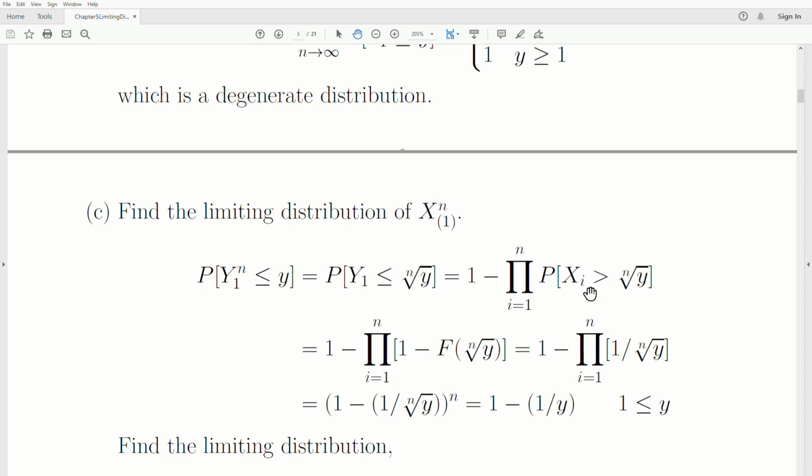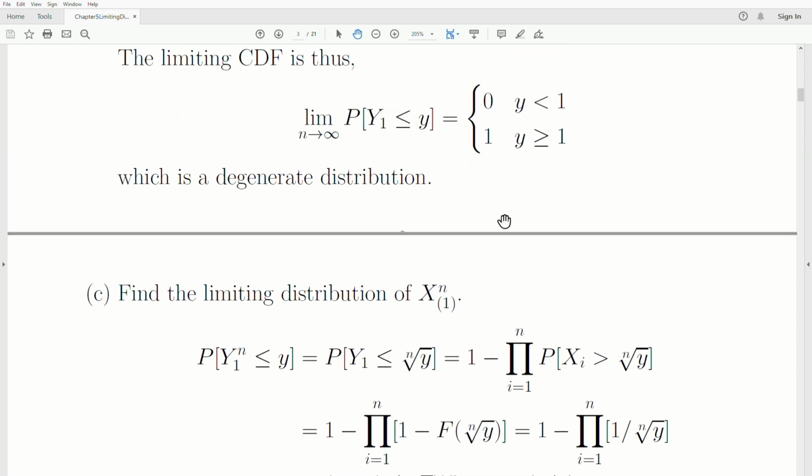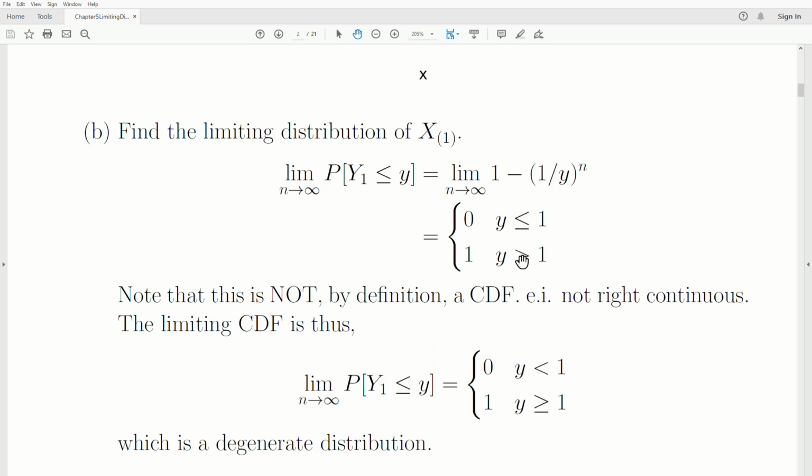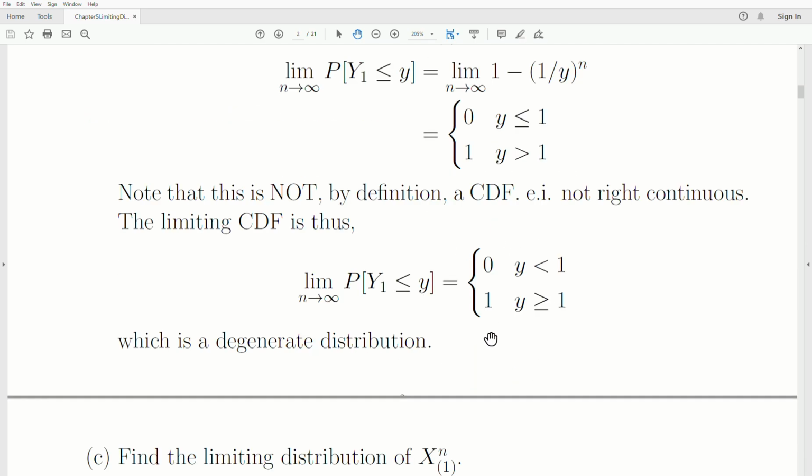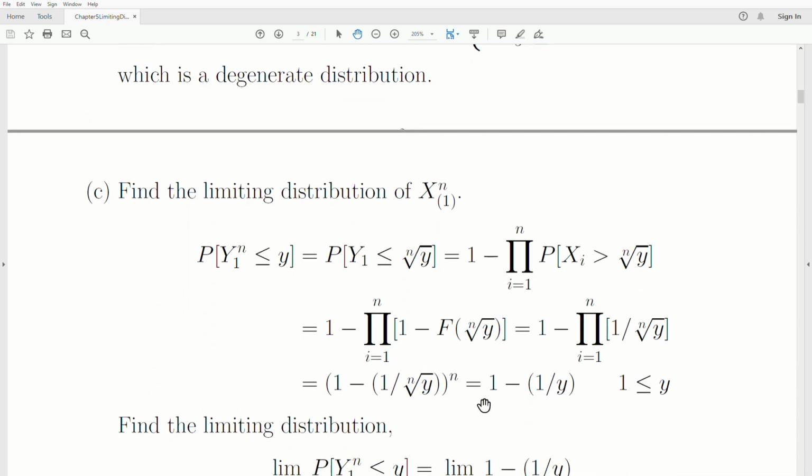Now the probability that each Xi is greater than this, we look at its complement, which is 1 minus the CDF. No, this is the CDF, I'm sorry, this is the CDF of X. So we plug it into the formula, which is 1 minus 1 over x.